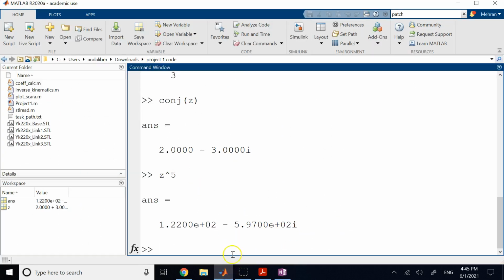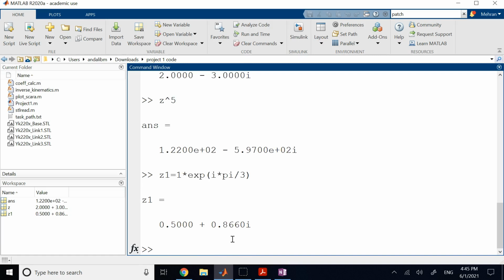So here, your first number, z1, is 1 times exponential of i times pi over 3. So that is this complex number, 0.5 plus 0.866i.